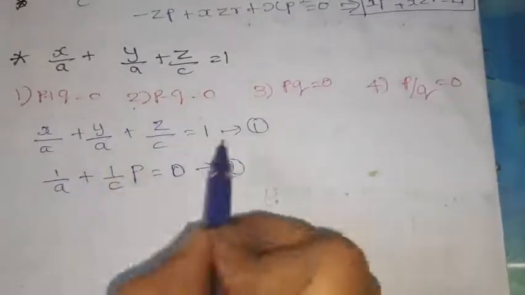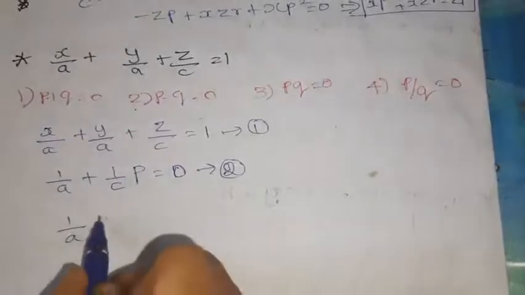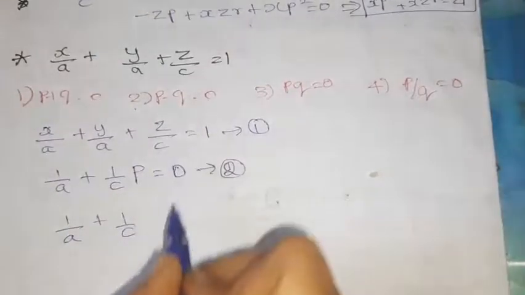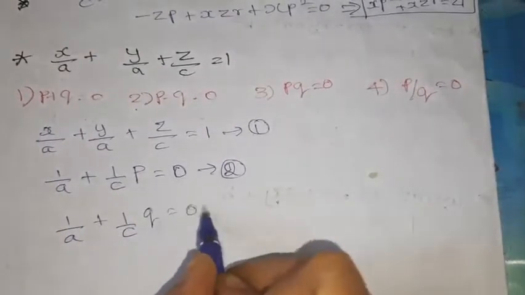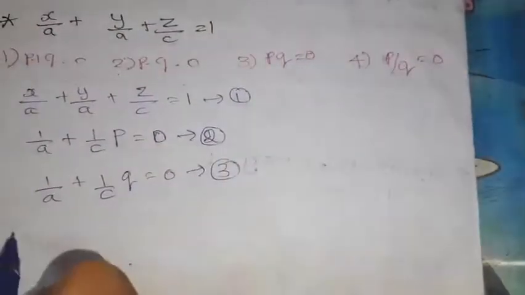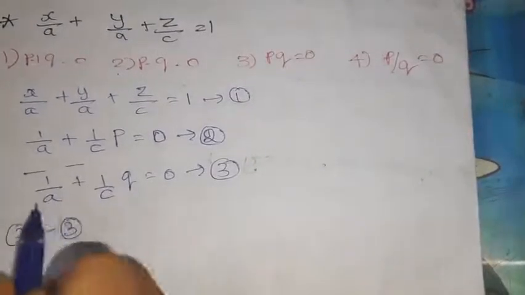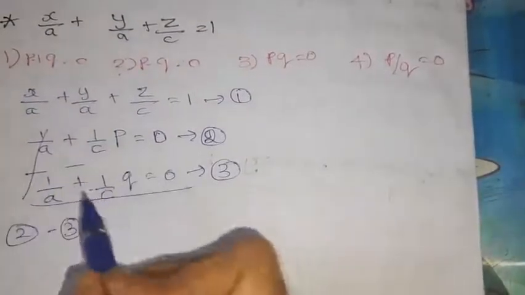Again partially differentiating with respect to y, what we will get? 1 by a plus 1 by c into ∂z/∂y, and ∂z/∂y is nothing but q. So say this is equation 3. See, equation 2 minus equation 3, what we will get? This and this will get cancelled.